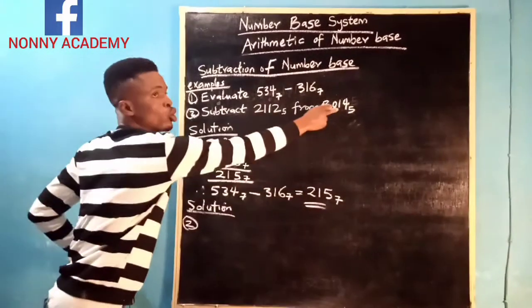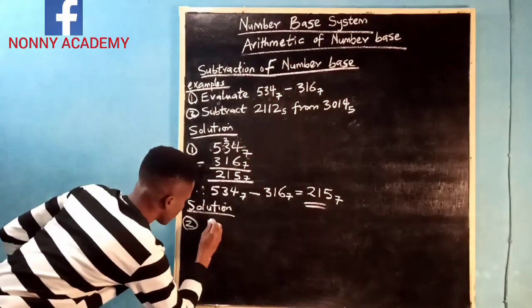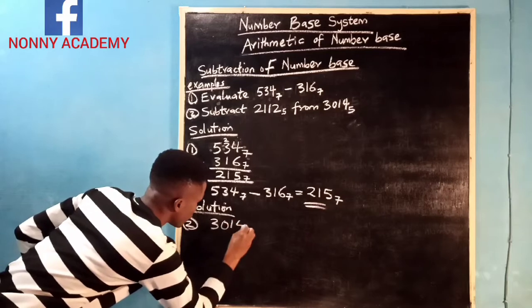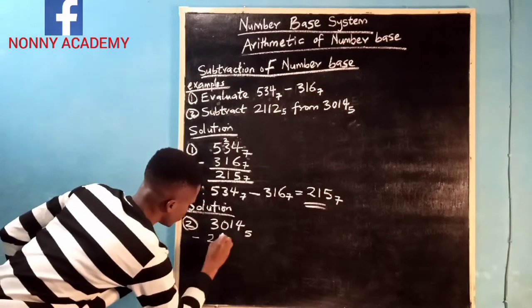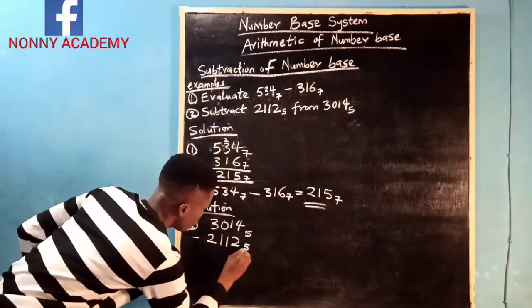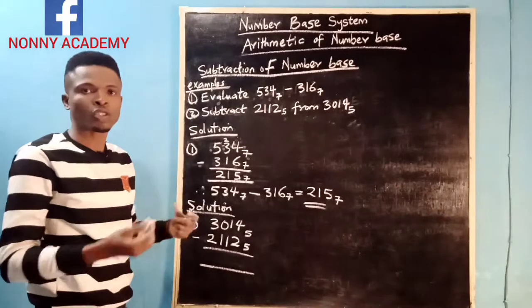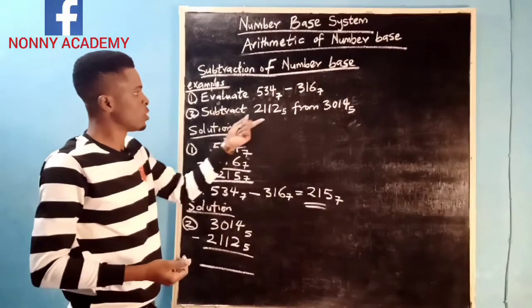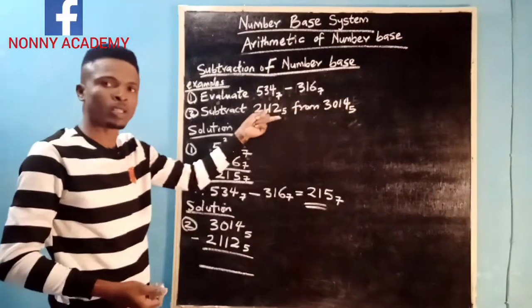So this one will stay on top, while this one will stay below. So here we have 3014 base 5 minus 2112 base 5. The question says we should remove this from this. So this one will stay up, this one will stay down.